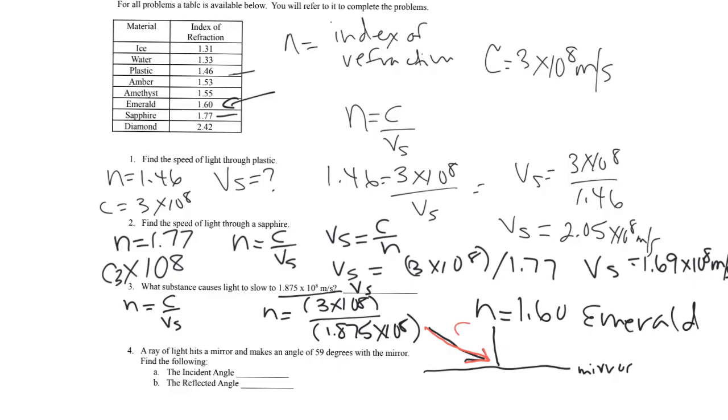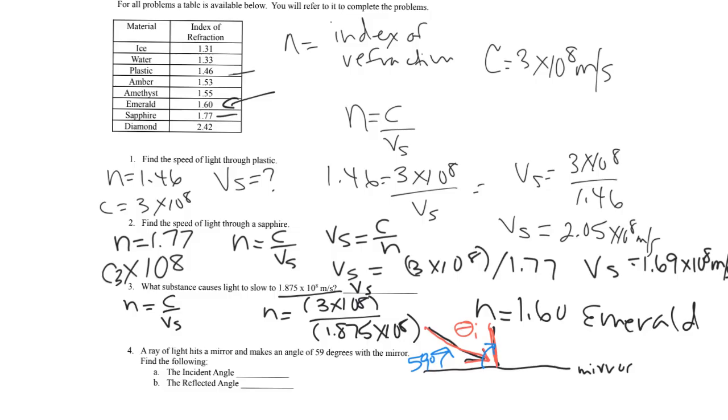Remember, the incident angle is this one between the normal and the ray of light. I'm being given the angle between the mirror and the ray, and it's telling me that is 59 degrees. This space from the mirror to the normal is going to be 90 degrees.